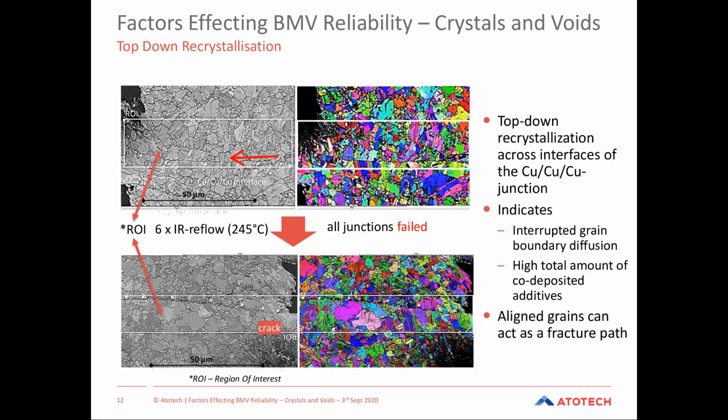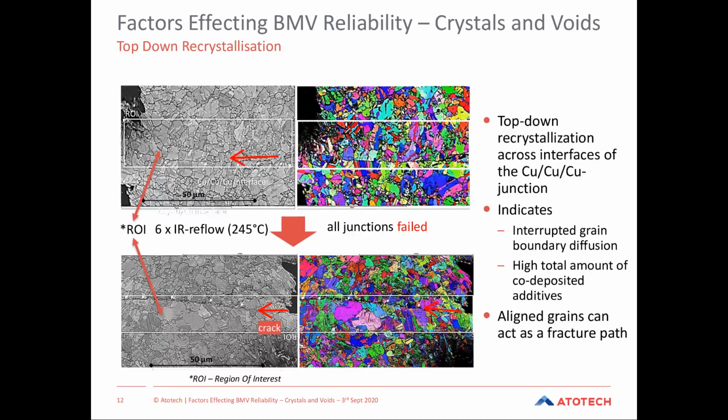Following thermal reflow cycles, where it has to be noted, all of the interfaces failed, 100% failure in these samples. And looking here, you can see quite clearly there is a crack formed, and that ties in very nicely with this alignment of grain boundaries due to failures in crystallization transfer.